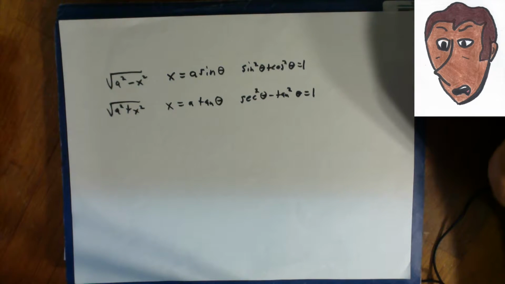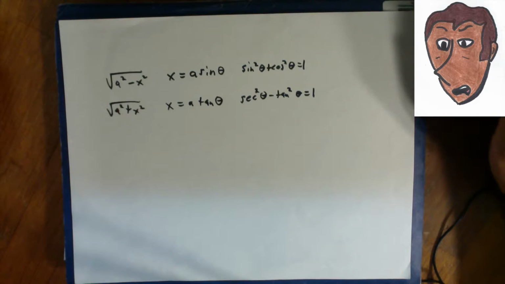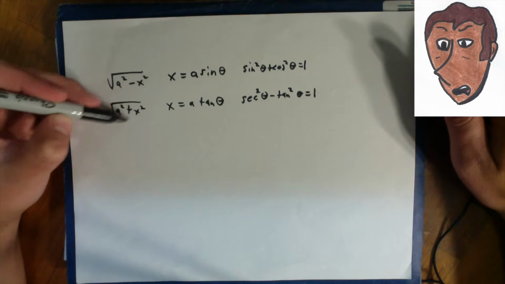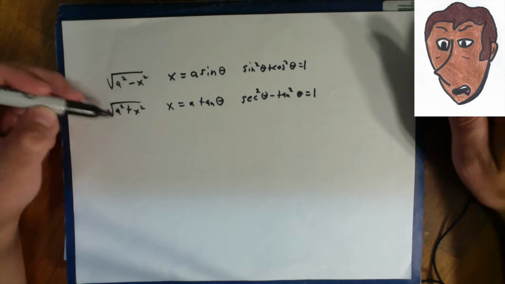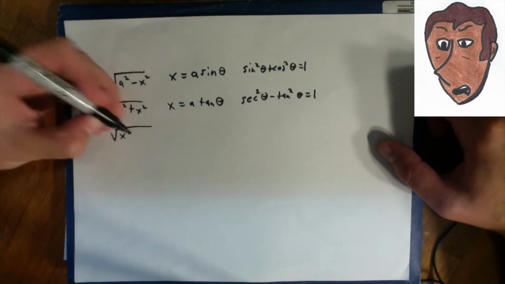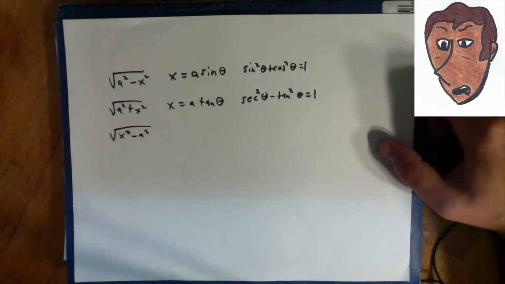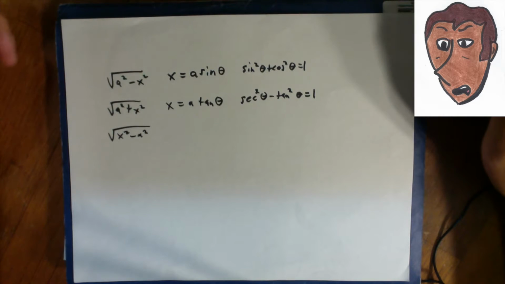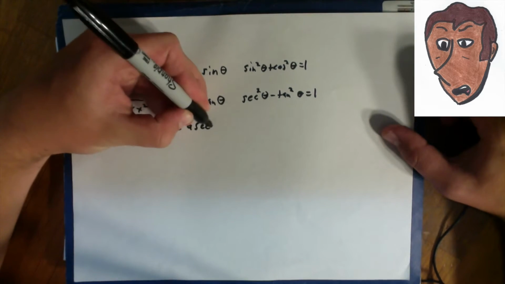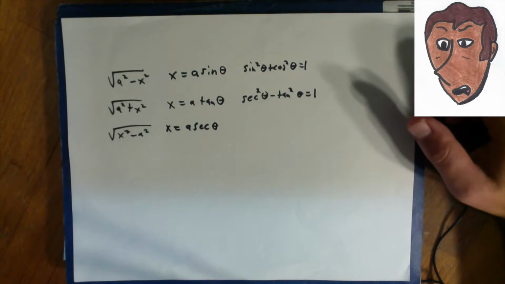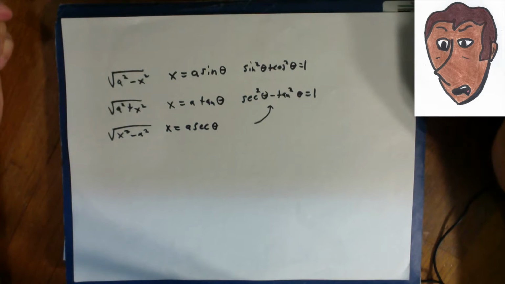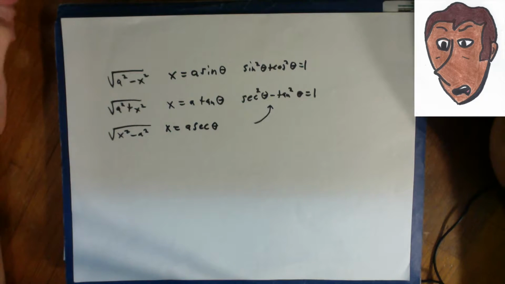And there's one more situation to consider. If it's an addition, a squared plus x squared, or x squared plus a squared, same difference. But if we have x squared minus a squared under the square root, we're going to want to use the substitution x equals a secant theta, in which case we also use the same trig identity above.